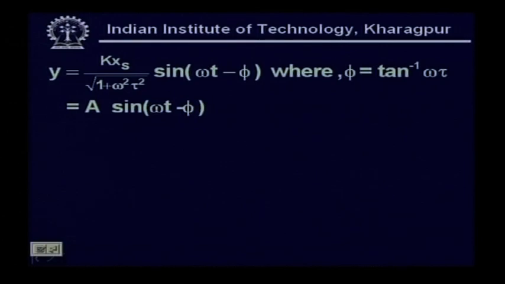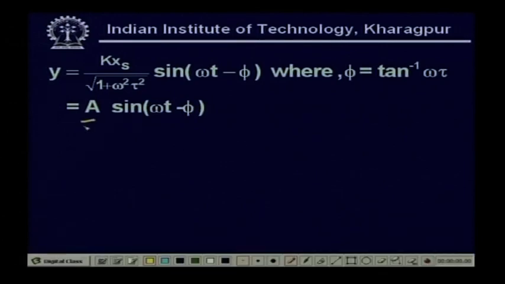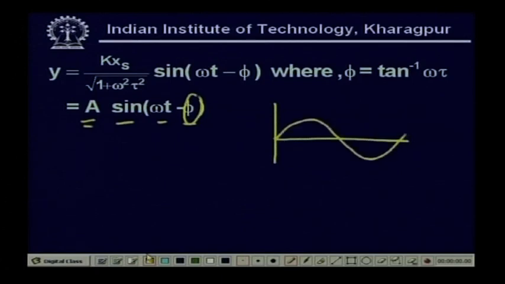This we can write as equal to A sin omega t minus phi. Phi is the phase shift of the input signal. There will be some phase shift. That means if my input is like this, my output will look like some other, like a phase shift like this one, right. So, there is a shift in phase.